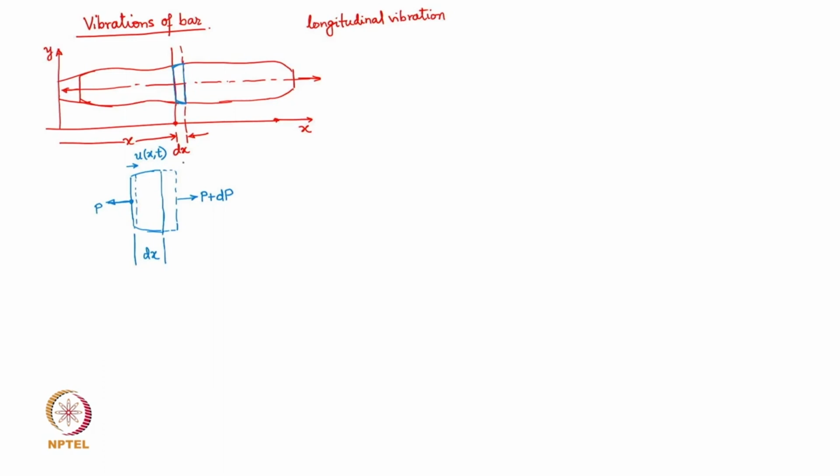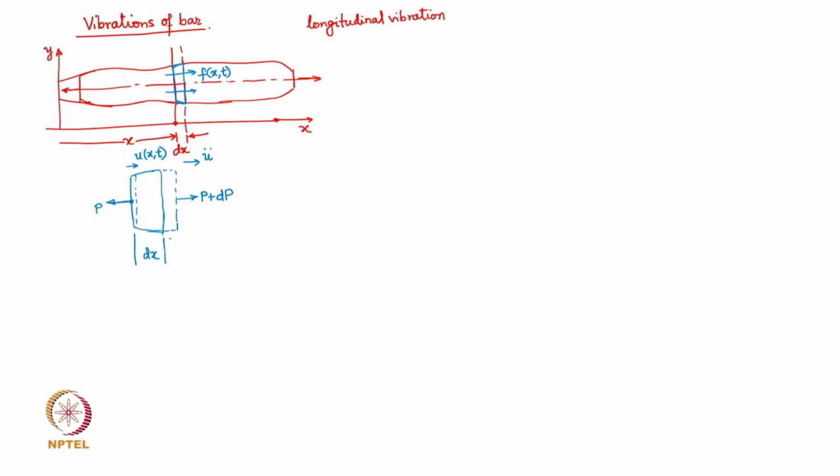So the displacement is assumed here, and the acceleration u double dot is going to be in the same direction, right? This bar can be subjected to external forces f(x,t), just like the case we did for the string vibration also. So there is an external force, some kind of a pulling force, a dynamic force f(x,t).